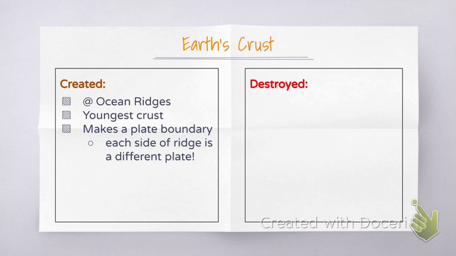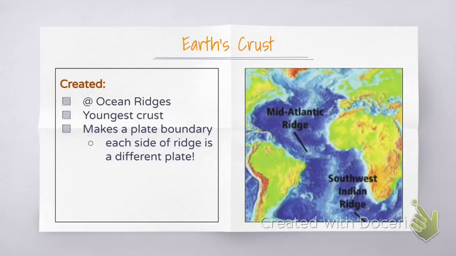And there's a plate boundary. There's a different crust on each side of the ridge. So here you've got the ridge running through here, so you've got a different plate over here and over here. I think I show this here.